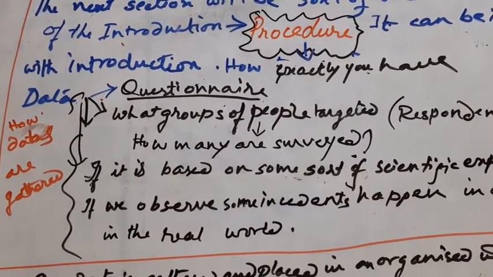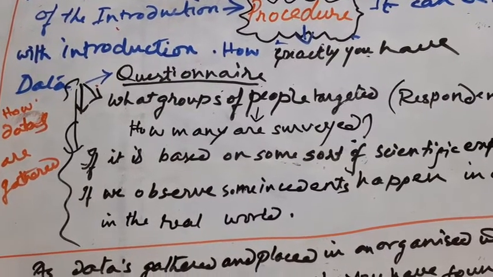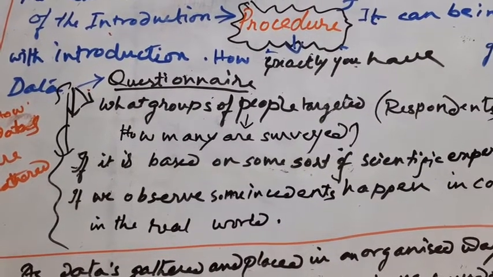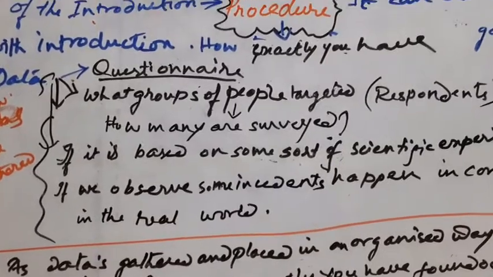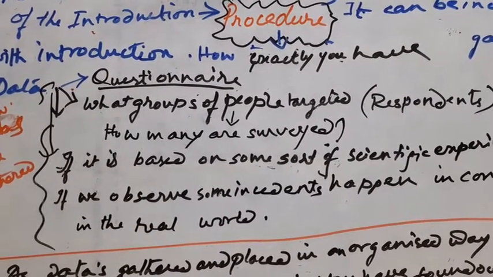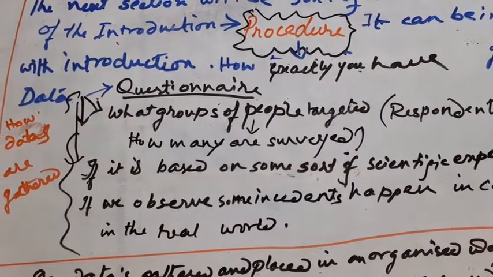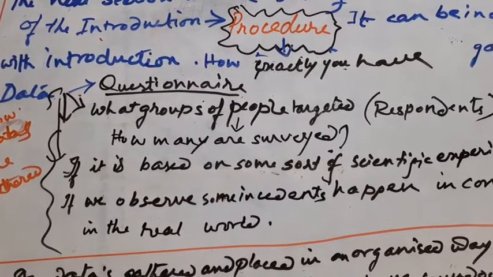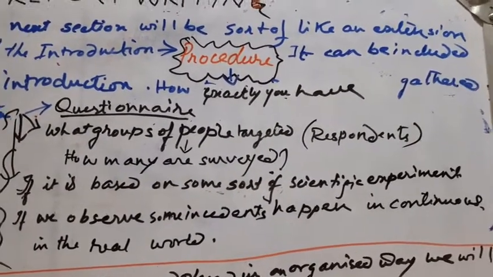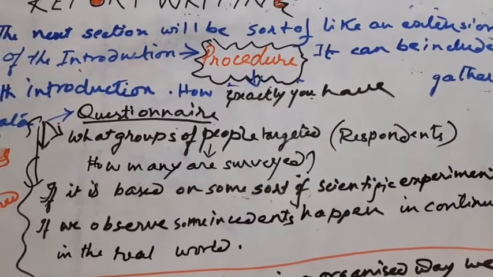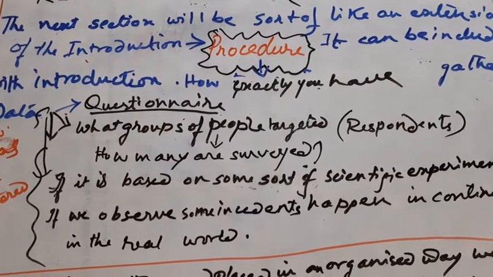procedure. Procedure means it can be like a questionnaire. It covers what groups of people have been targeted, that means the respondents, and how many people you have surveyed. If it is some sort of scientific experiment, then what topic you have chosen and what data you have collected.